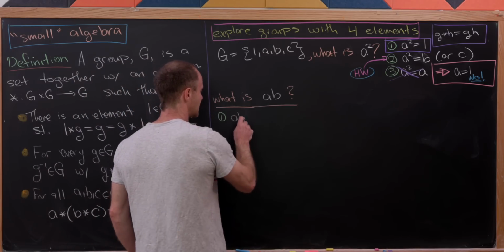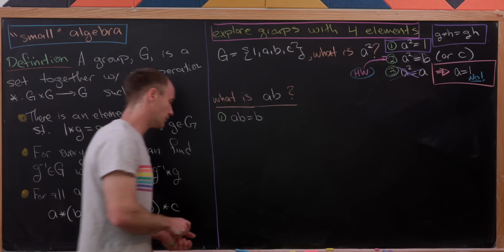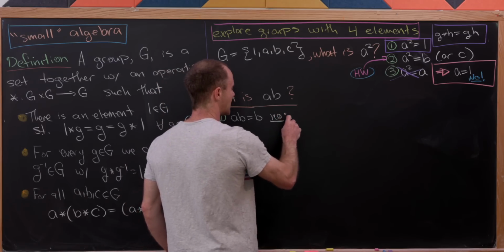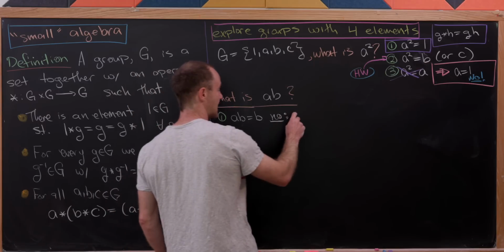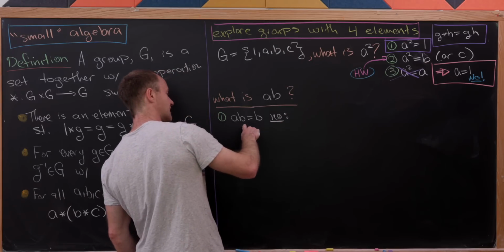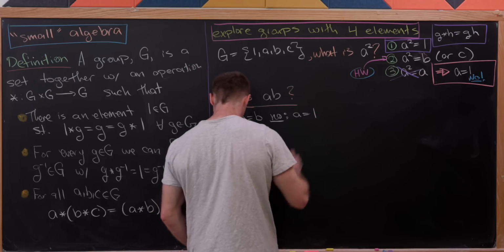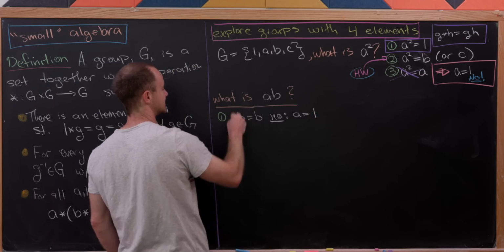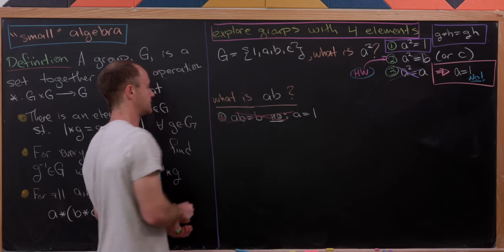Well, A times B could be equal to B potentially. Oh, but that's actually not possible either. And that's not possible because here we could multiply by B inverse and we would end up with A is equal to 1. But baked into our assumptions is that A is not equal to 1. So this is actually not a possibility.